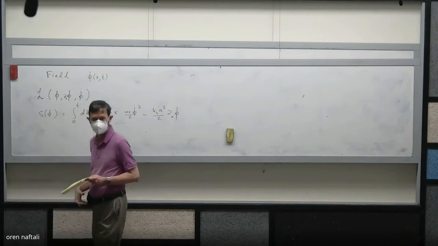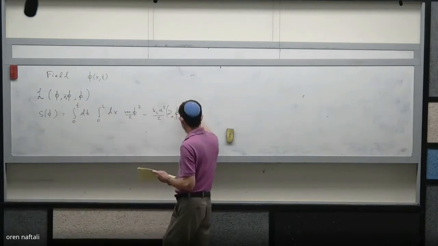The spatial derivative should be squared. Thank you.